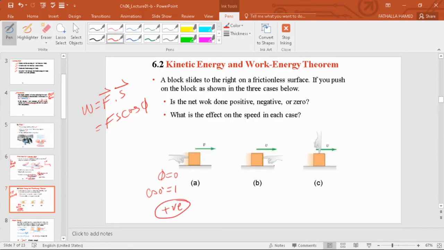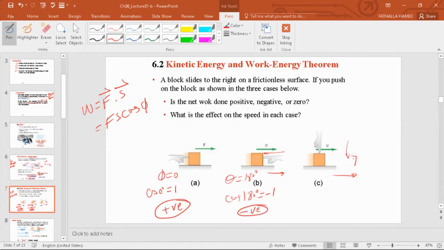Now, if you look at the situation here, the displacement is this way, your force is this way. The angle between both of them is 180 degrees, and cosine 180 degrees is equal to -1. So in this case, we say that the work is negative. Now, in this situation, your displacement is this way and the force is this way.